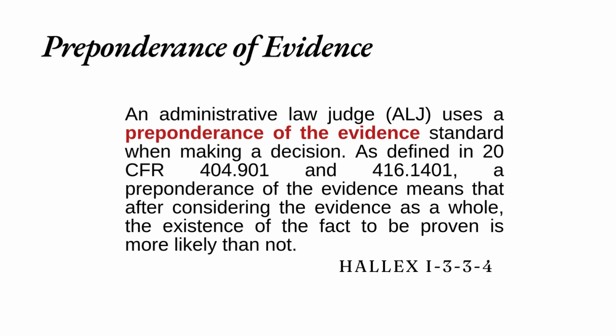The administrative law judge uses a preponderance of the evidence standard when making a decision as defined in 20 CFR 404.901 and 416.1401. A preponderance of the evidence means that after considering the evidence as a whole, the existence of the fact to be proven is more likely than not.